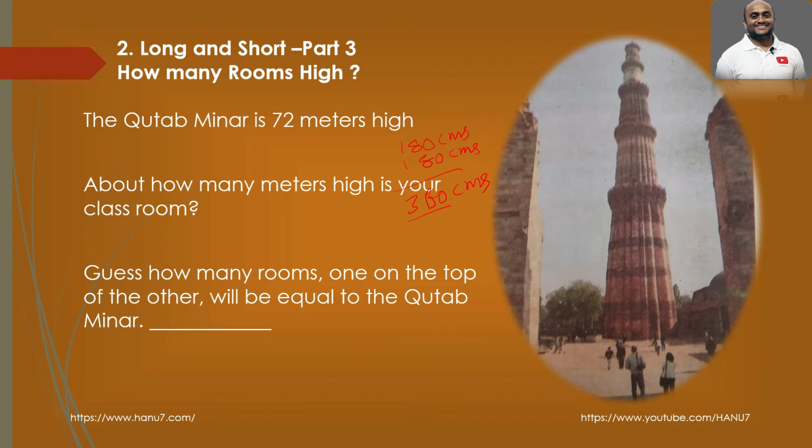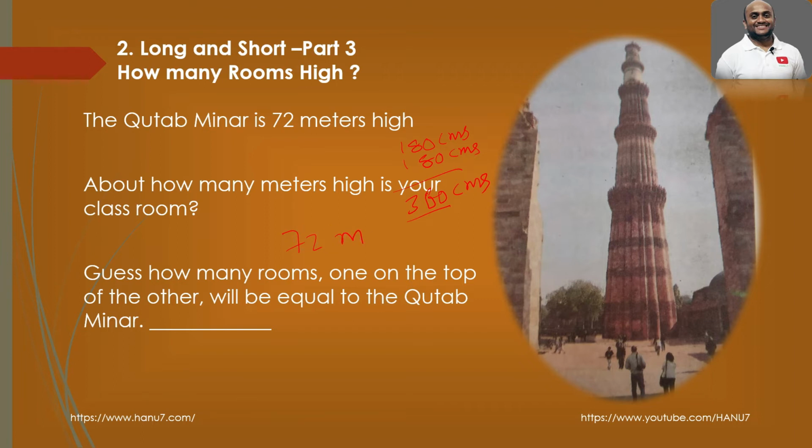Okay, and this is the capacity of one room. 360 centimeters is the guess. I simply guess. So in this Qutub Minar, which is 72 meters, how many can be accommodated? Okay, so 72 meters, you convert this to centimeters.